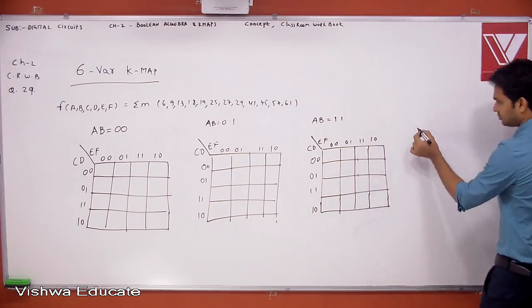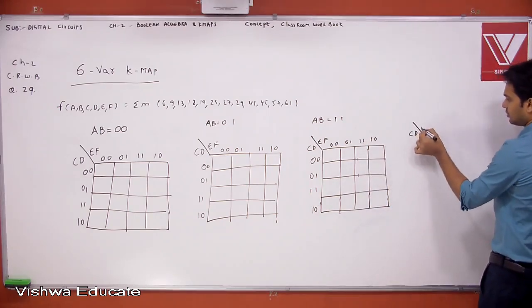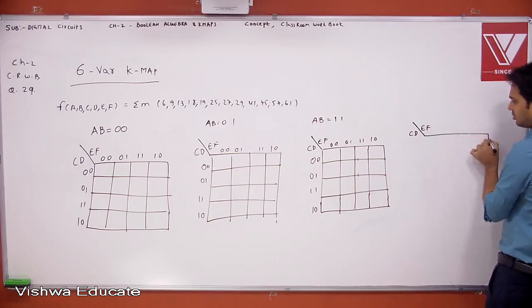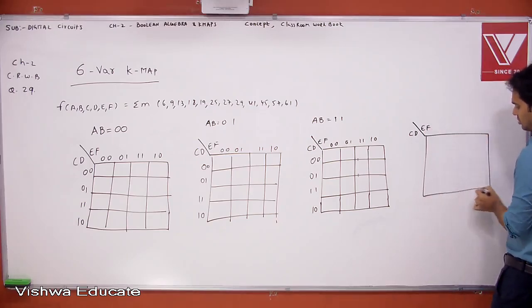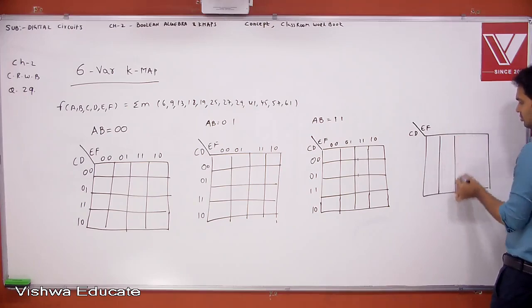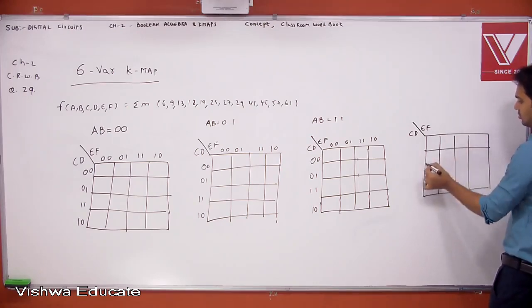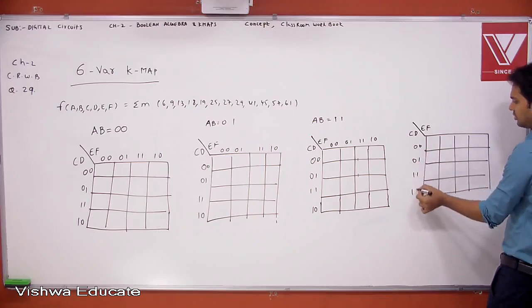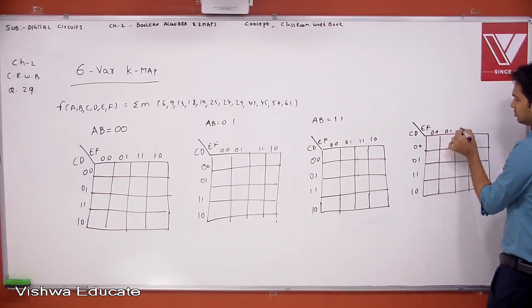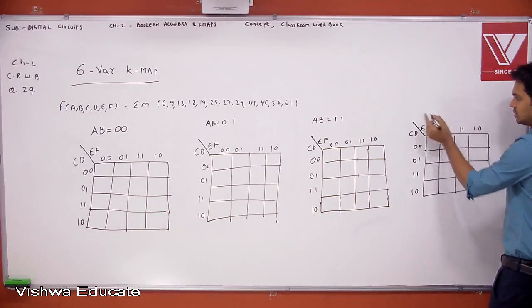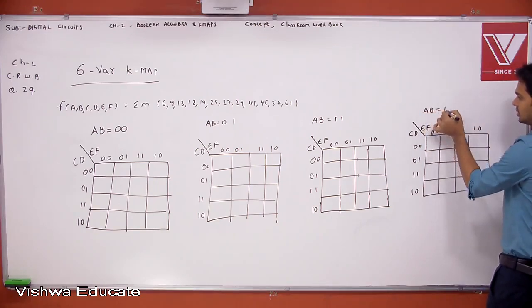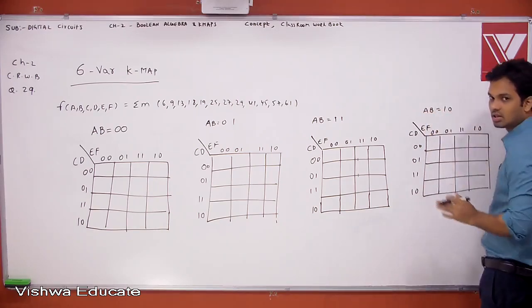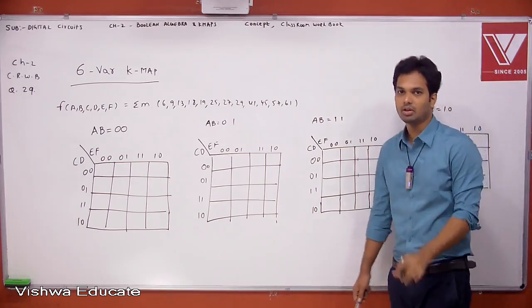Lastly, CD, E, F can be 0 0, 0 1, 1 1, 1 0. Right. This is for AB 1 0. So this is your structure of the 6 variable K-map.